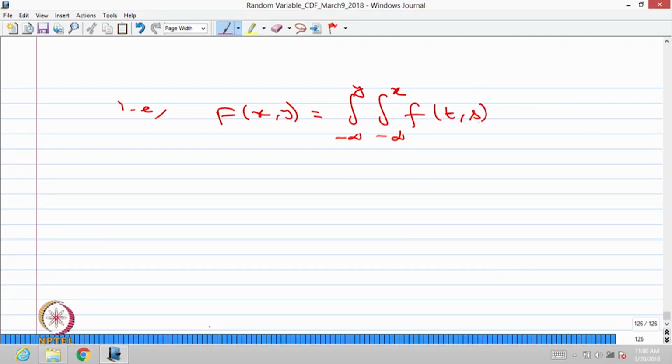That is same as, the CDF of a 2-dimensional continuous type random variable can be written in the form of a double integration with respect to x and y.